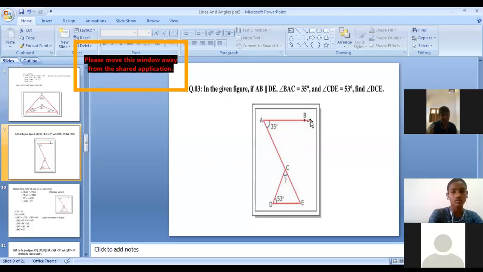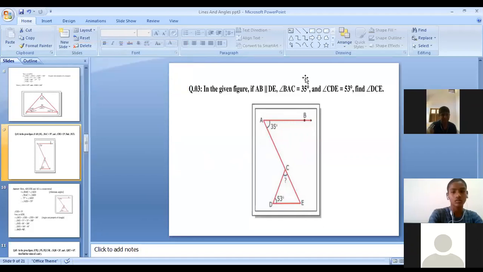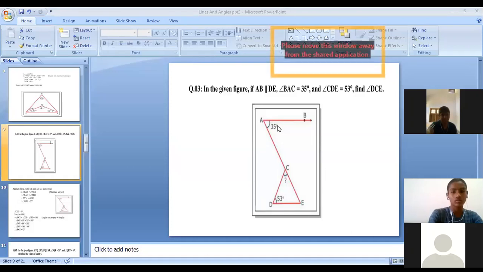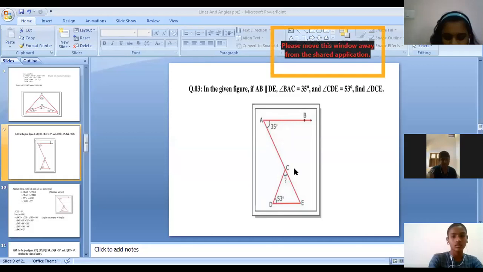Just observe the points B, A, E, D. It is the reflection. Again, a figure Z, the alphabet Z, is formed. Yes or no? Yes, ma'am. So whenever Z is formed, alternate interior angles are formed.